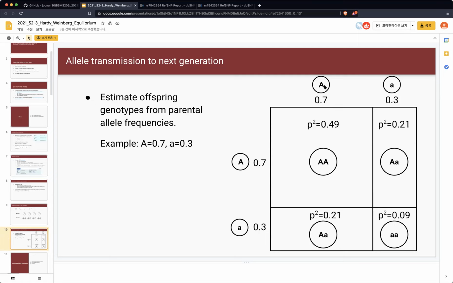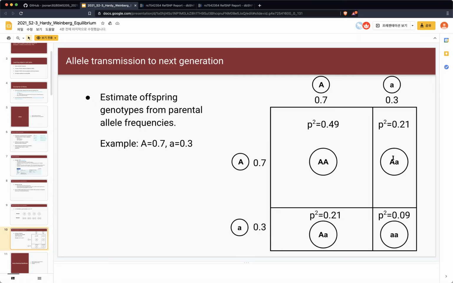So large A allele is 70% and small a allele is 30%. Then you can easily calculate that in the next generation, the probability of homozygous large A is 0.49, right? Because this is 0.7 times 0.7. So 7 times 7 is 49.